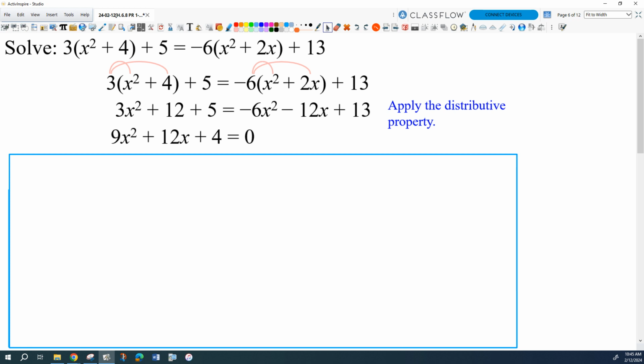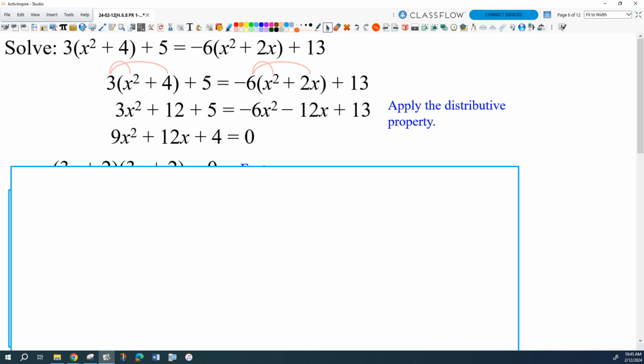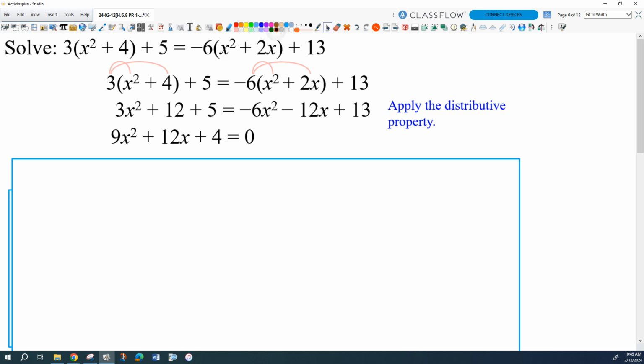See if you can do this in your head. So if that's 6x plus 6x, I'd factor out a, what, 3x, right? I guess let's write that in there. Let's write that next one. So we get 9x squared plus 6x plus 6x plus 4.